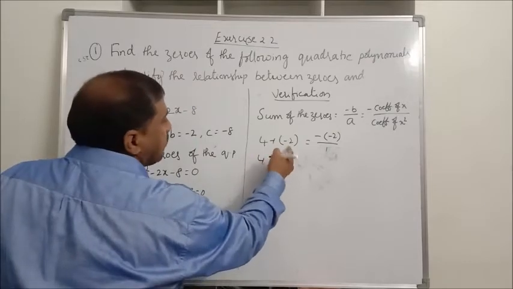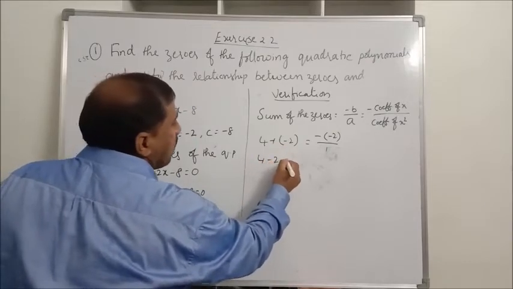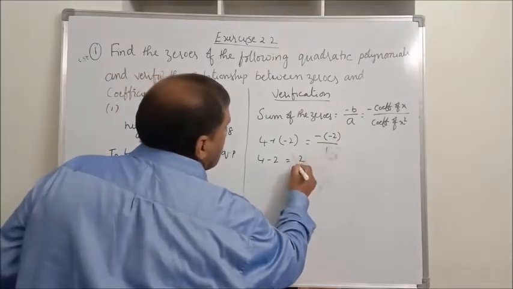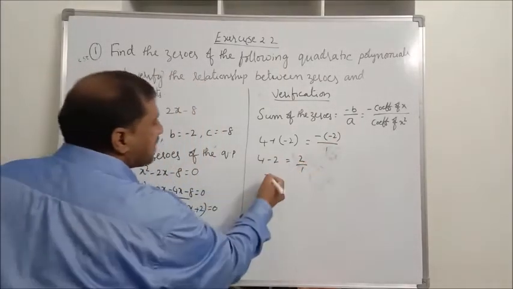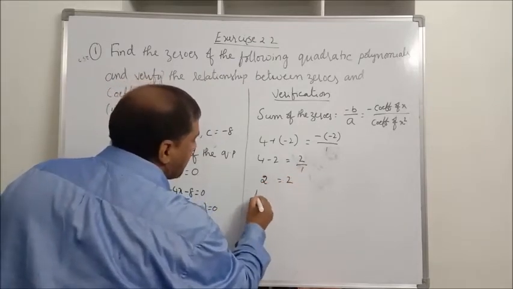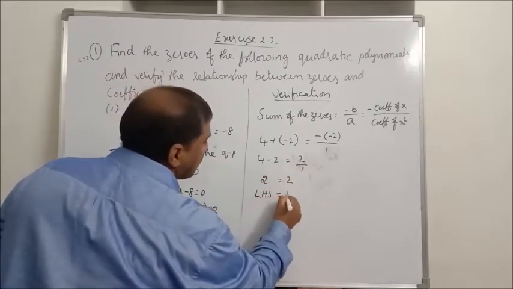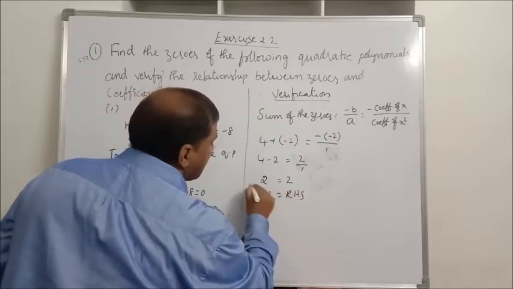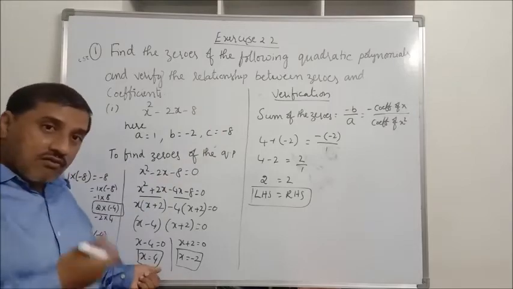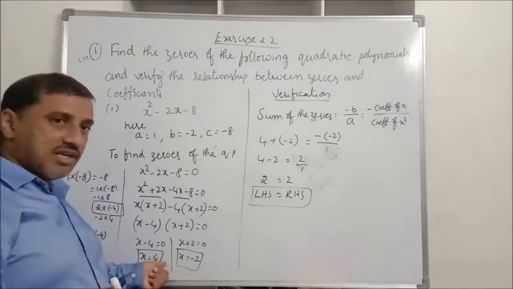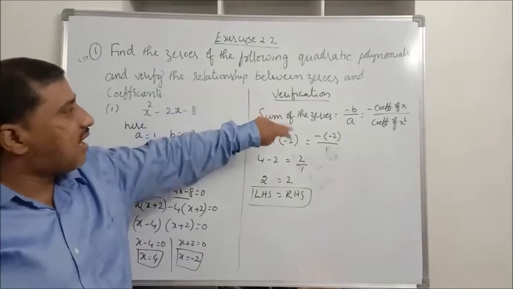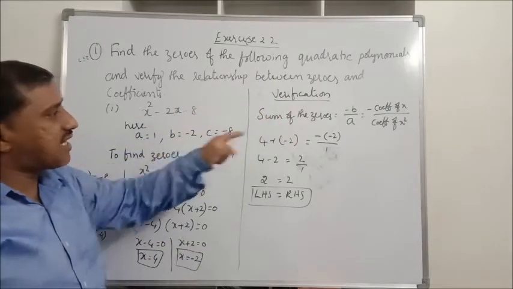Now simplify. 4 plus minus 2 is 2. On the right, minus into minus is plus 2, divided by 1, that is 2. So LHS equals RHS. Hence it is verified. The sum of the zeros, which we already found, is 2, and it is related to the coefficients through minus b by a.